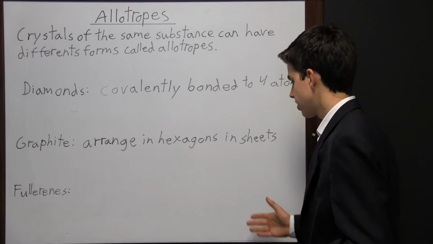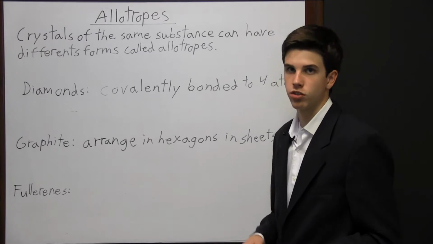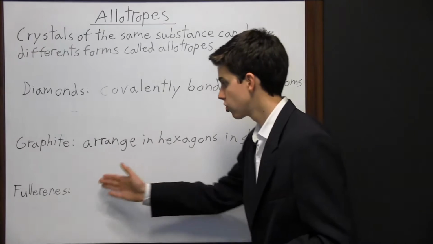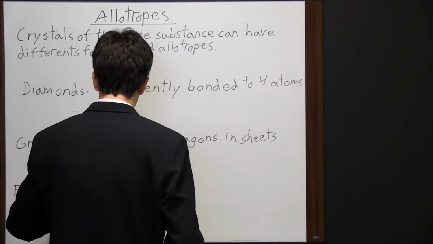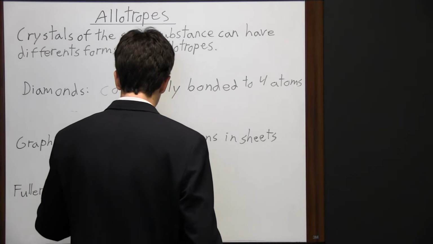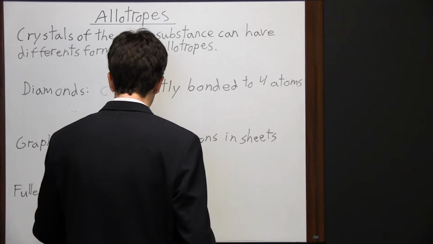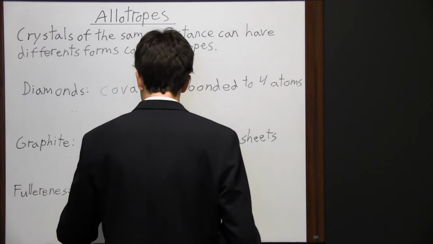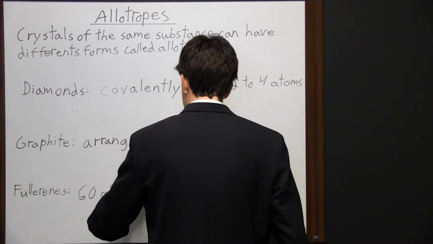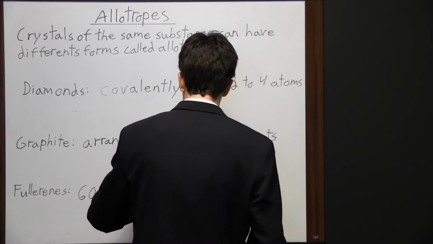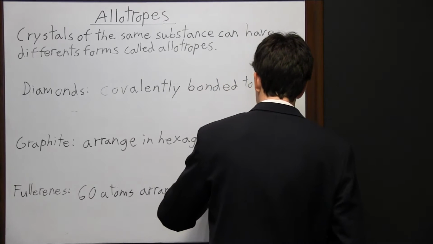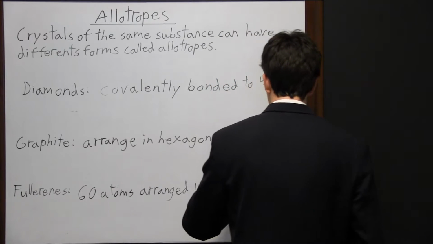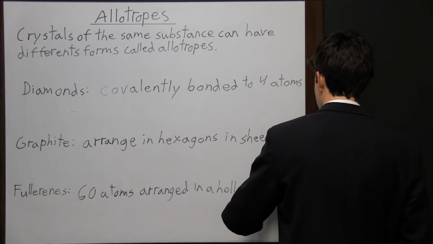And this makes something that's very soft, and so that's why it's used for pencils. And then there's this newly discovered substance that is made up of 60 atoms, arranged in a hollow sphere, almost like a soccer ball.